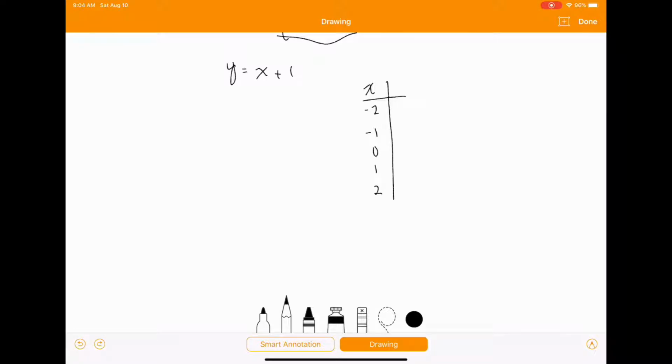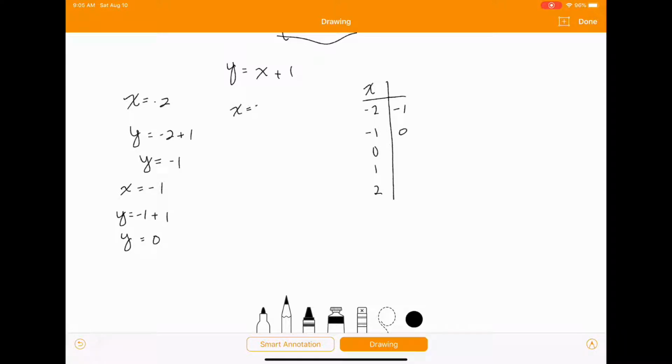So we're going to go ahead and plug in x equals -2, so y equals -2 plus 1, y equals -1. For x equals -1, y equals -1 plus 1, so y equals 0.